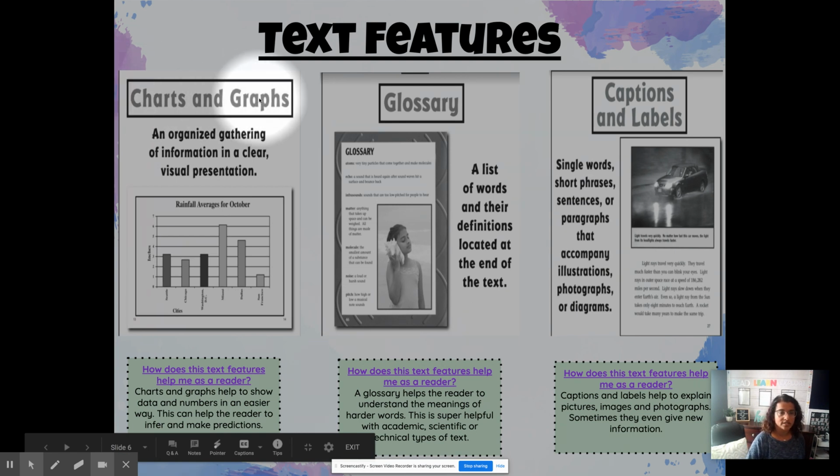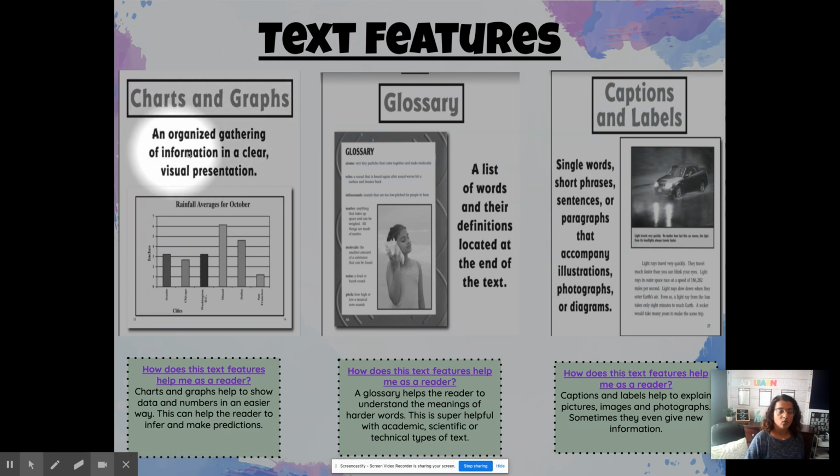The other one is charts and graphs. This is an organized gathering of information in a visual. This chart is a bar graph about rainfall in October. This is really nice because you can start to see trends and where it's happening. You can look at it right away and see that this place is where it's happening the most.